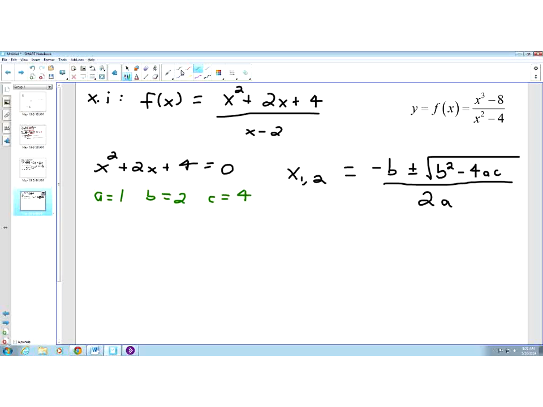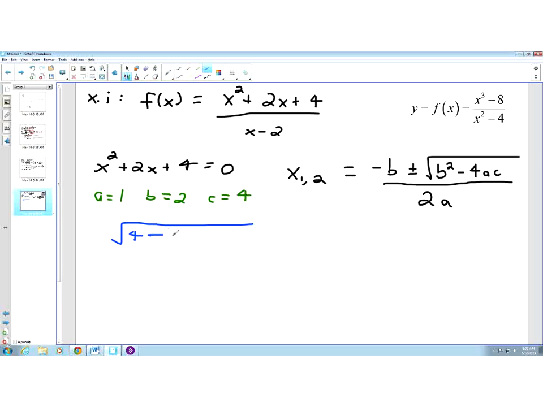Now, when we plug A, B, and C into the radical, we don't have to go through all of the details, because we'll have B squared, which is 4.